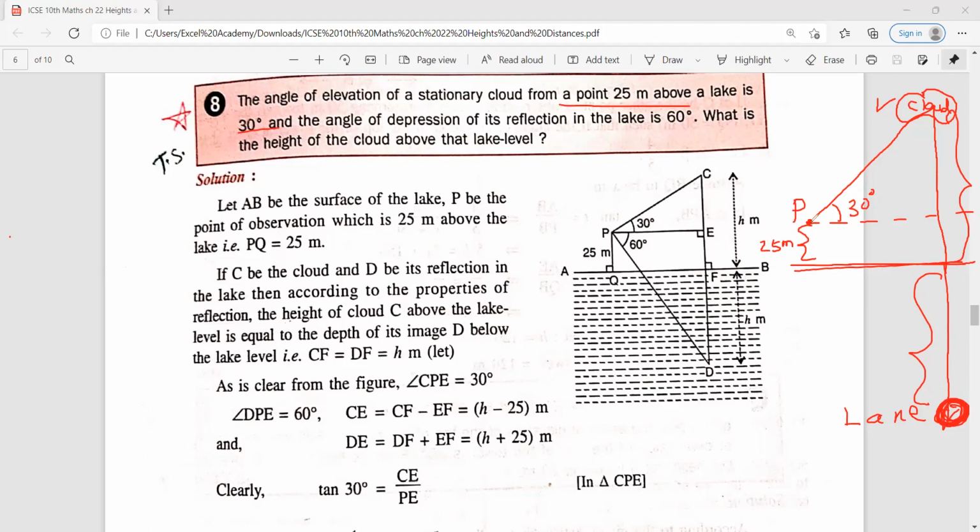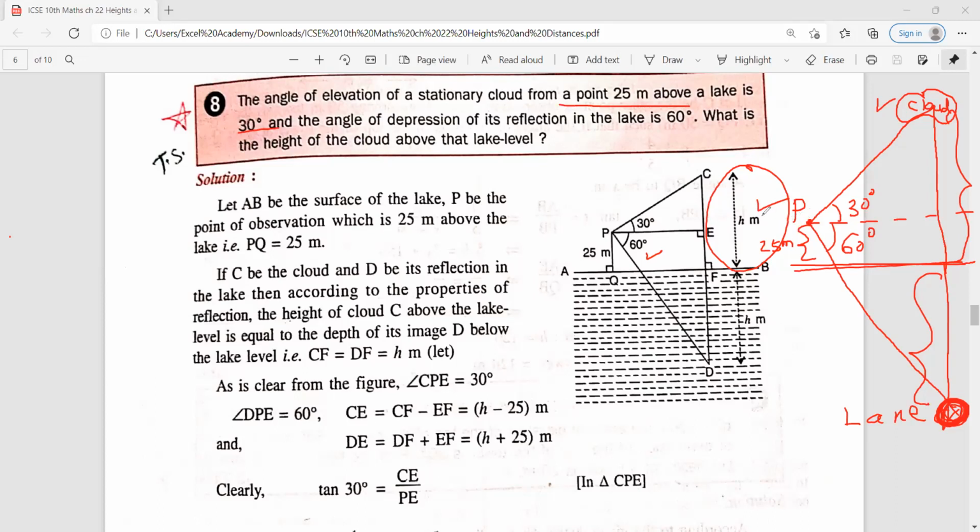And from the same point, the angle of depression of the reflection of the cloud in the lake is 60 degrees. That is why this 60 has come. Understood? So now you get this right triangle PEC and another right triangle PED. So let us say the height of the cloud above the lake surface is h meter.